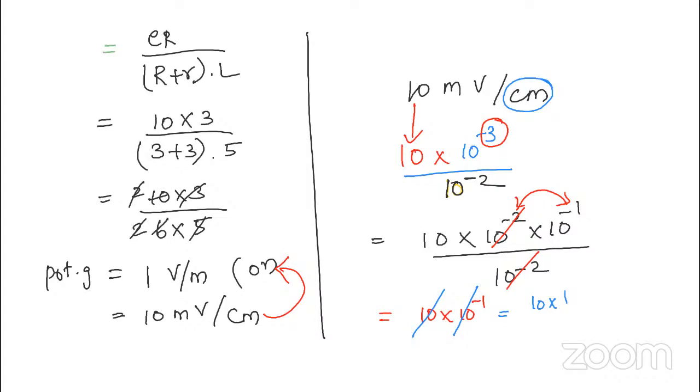So when 10 cancels, the value is 1 volt by meter. So have we brought these values from this value? Yes, it is easy to convert.